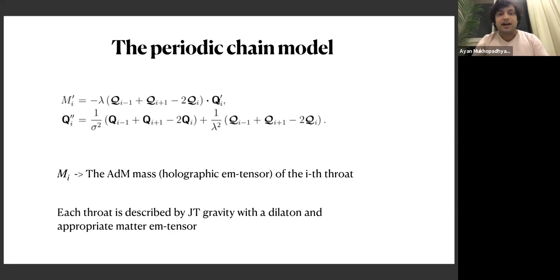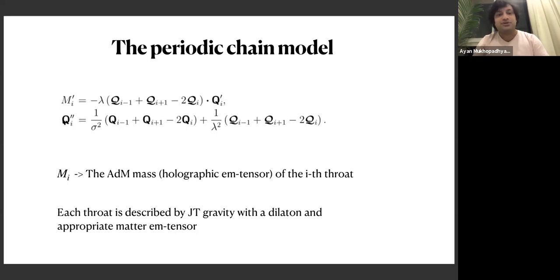And this Qi prime is not constant, but one thing you can note is that if you look into this equation, it's basically linear in these charges. If I sum over all the lattice sites, then the right-hand side of this equation vanishes. Therefore, the sum over i of Qi prime is conserved, and therefore there is a strong monopole component here, which is homogeneous.